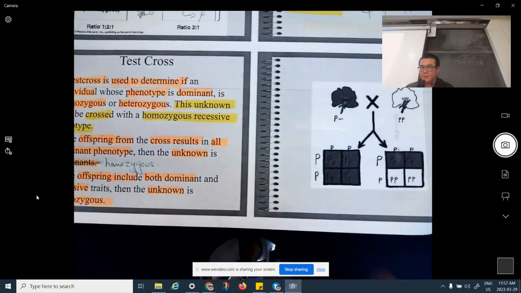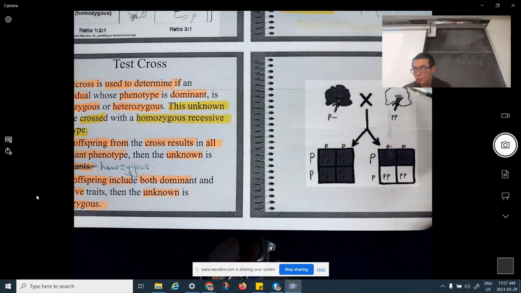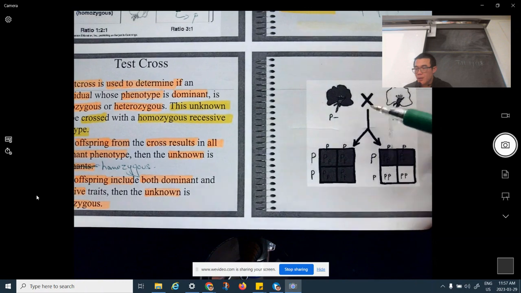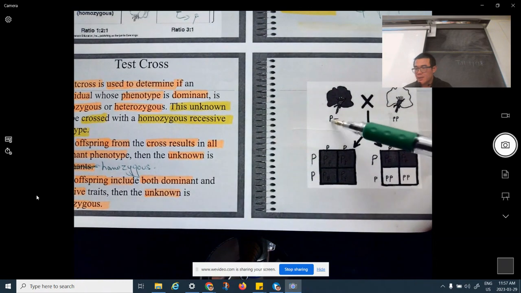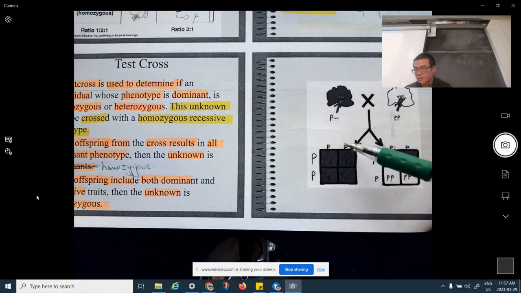So in this next slide, you have a purple flower plant. You cross it, you test. You don't know whether it's homozygous or heterozygous. You have one big P, and you just leave the other as a blank. So you cross it with a white flower plant. The white flower plant is homozygous, both are small p's. So you end up with two scenarios. If this is a homozygous purple plant, so two big P's, all the offspring should be purple color.